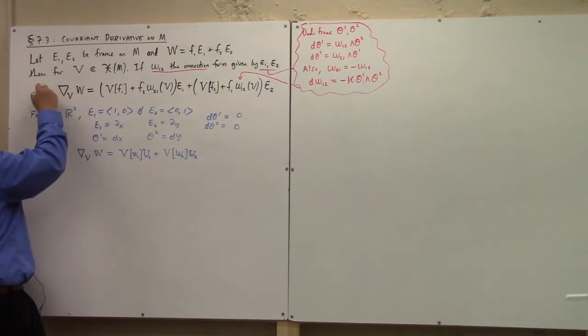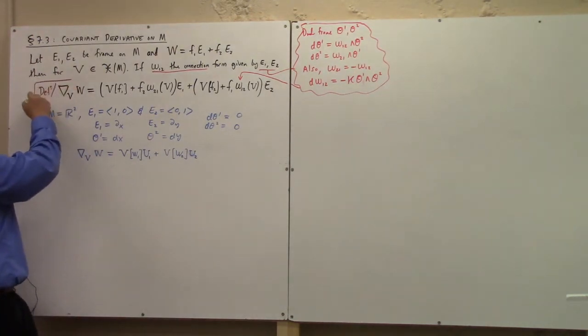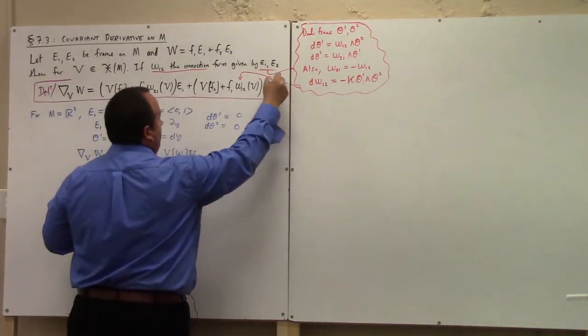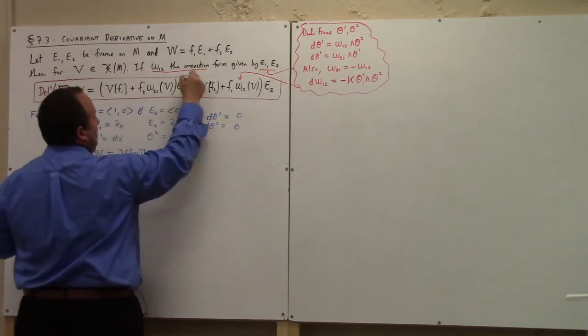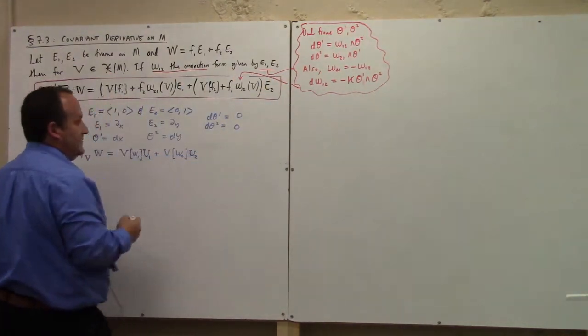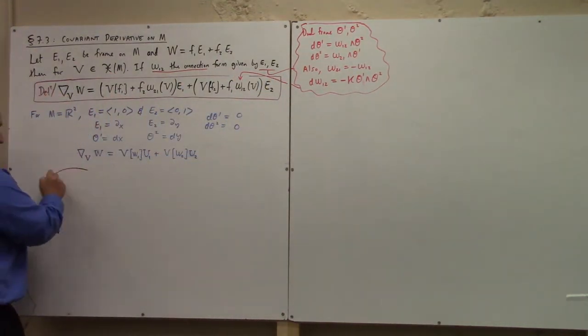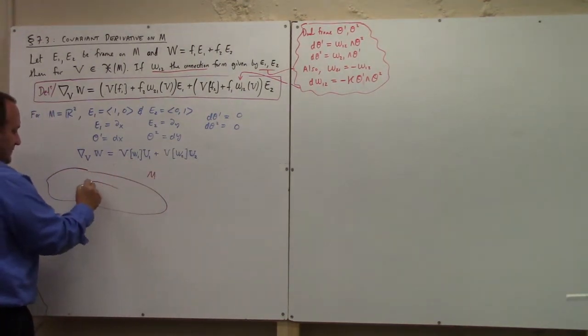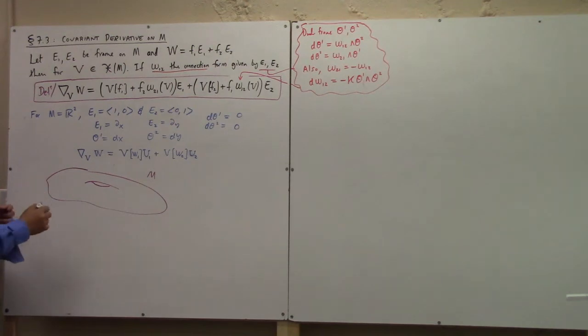First of all, you can't always find a frame that goes over the whole surface. That's one problem. So the picture is something like this. Here's your surface. There's something in the middle that keeps you from making the frame over the whole thing.